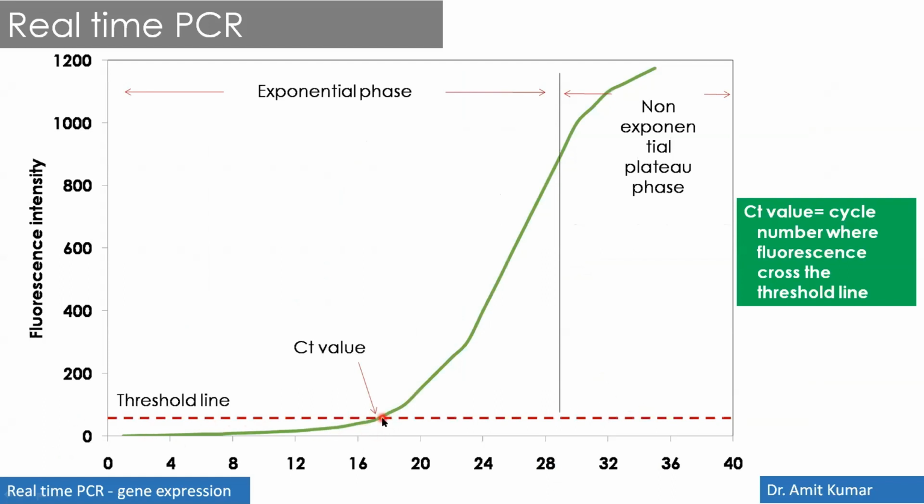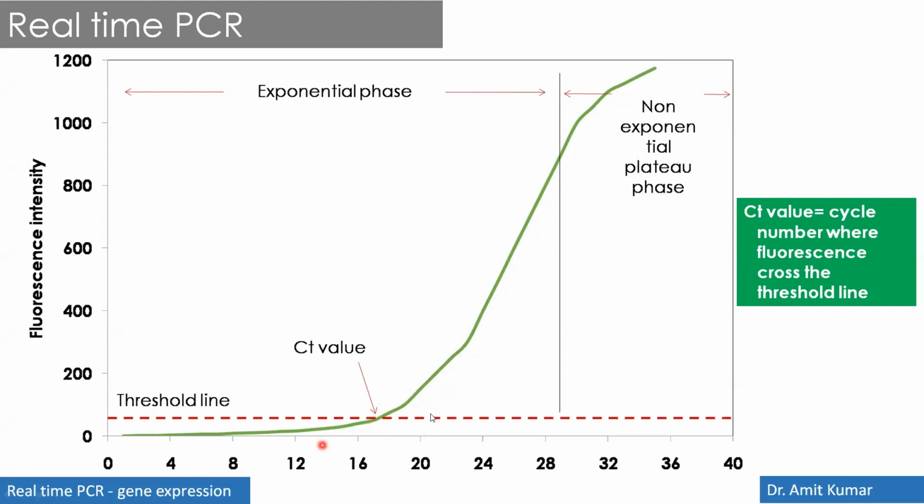The cycle number which gives a measurable fluorescence intensity after a certain number of PCR cycles, where the fluorescence crosses the threshold line, is called the CT. That is the threshold cycle number or CT value. So this CT value is the cycle number where the fluorescence crossed the threshold line.